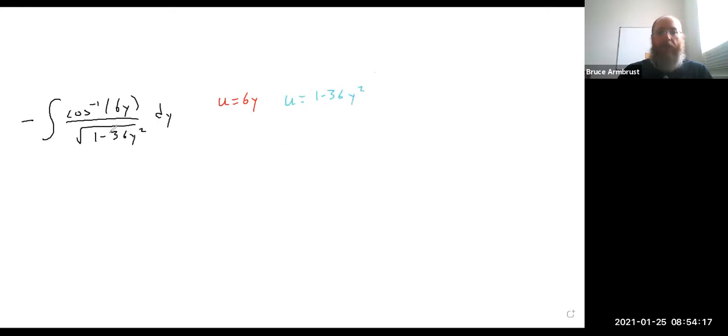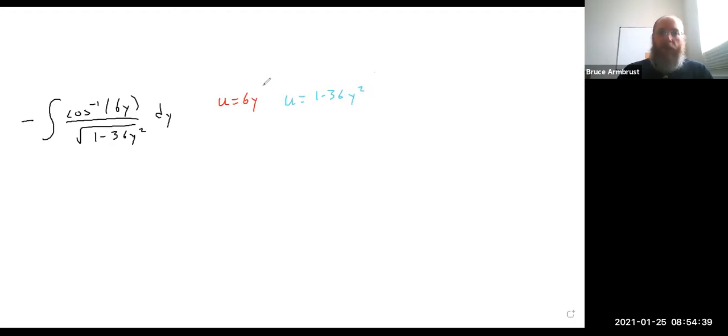And you can see that one's kind of a nice choice because that makes this thing the square root of u. And notice also that u equals 6y is kind of that same trick that we saw on that other problem, where that makes this a difference of squares, 1 minus u squared. So that's another push for the 6y.